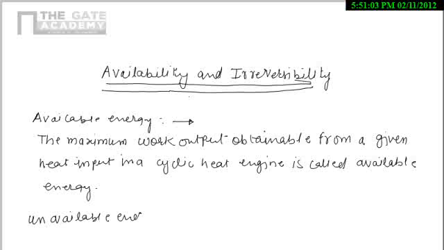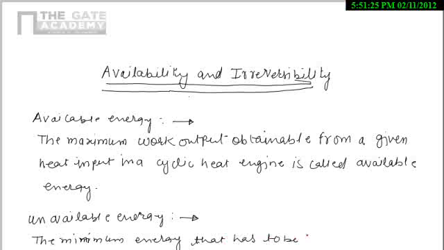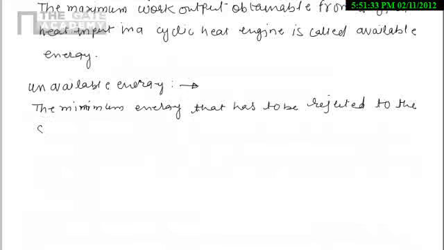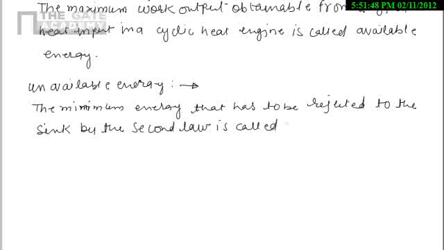Unavailable energy is the minimum energy that has to be rejected to the sink by the second law. It is called unavailable energy.